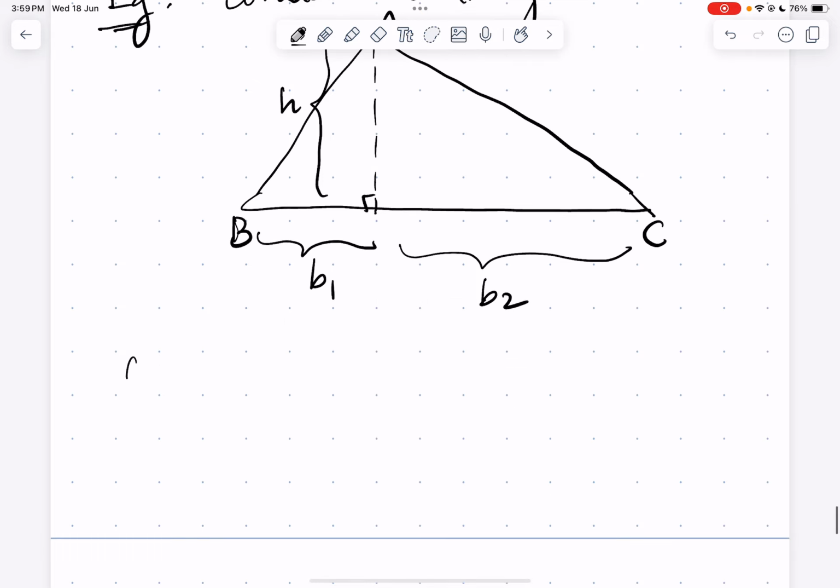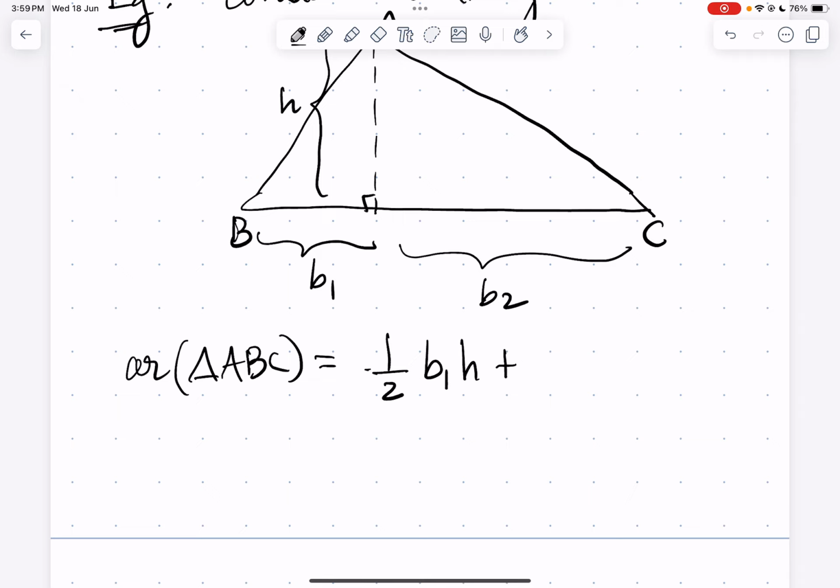Then the area of triangle ABC is the sum of the areas of these two smaller right angle triangles, right? So it is half B1H plus half B2H.